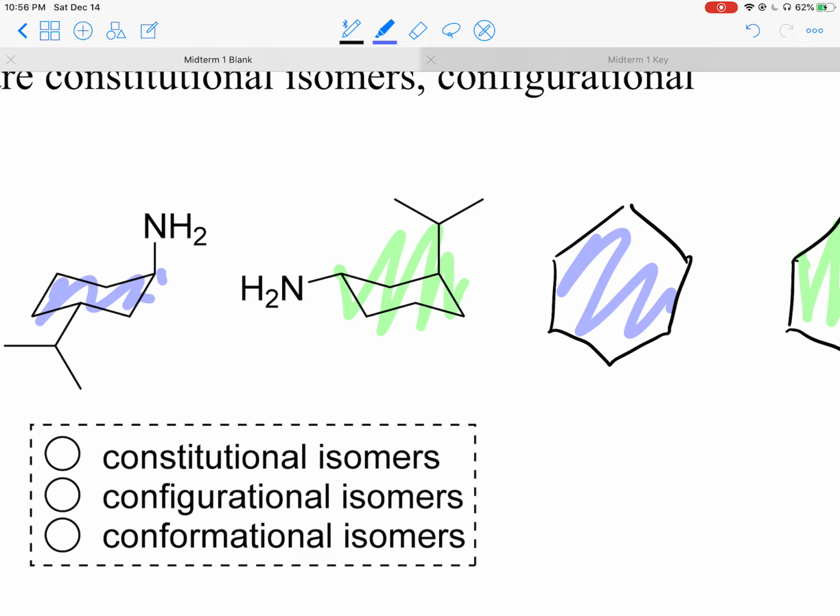If we number 1, 2, 3, then it'll be 1, 2, 3 here. This will be wedged for the NH2 because it's coming out of the page, and it's going up on the chair, and the 3 is the isopropyl. It's going down.